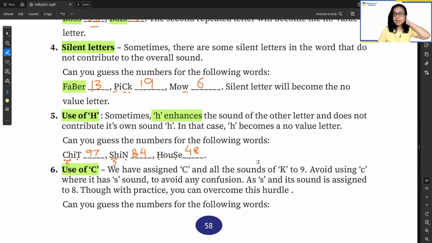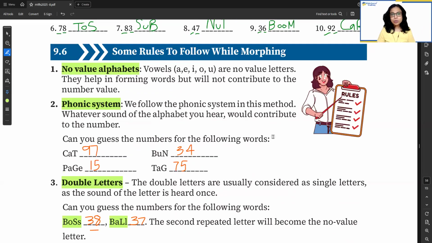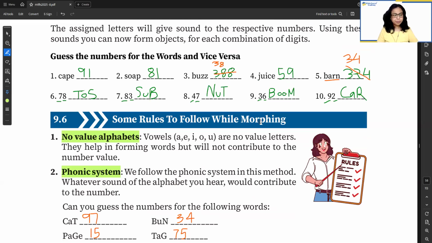No matter what the spelling is, that is why when I wrote juice on the top, I will say this is also not the right word. Because listen to the sound. Ju, s. Ju is 5, s is 8. Don't calculate the spelling inside your head. Always work with the sound.